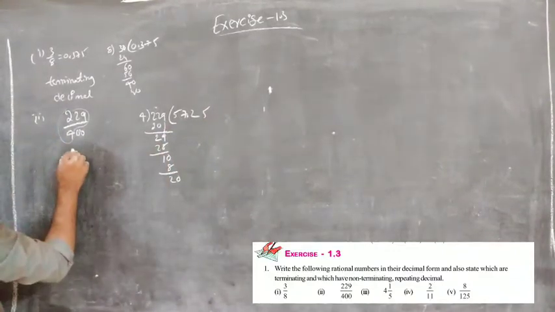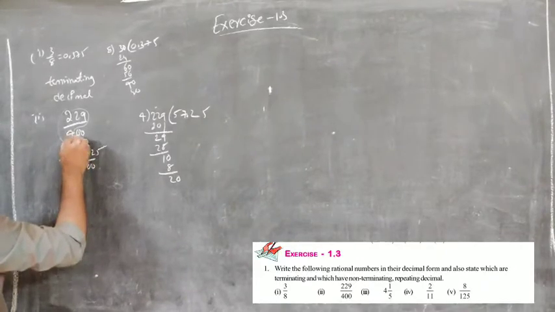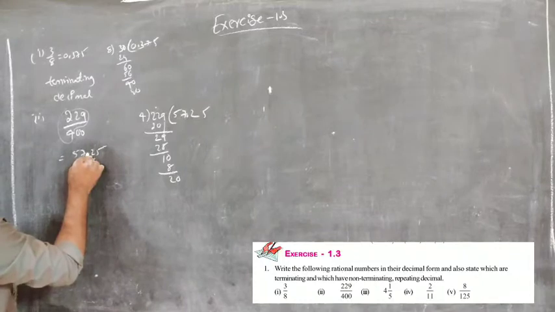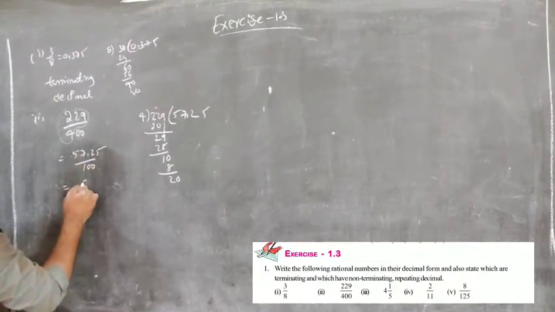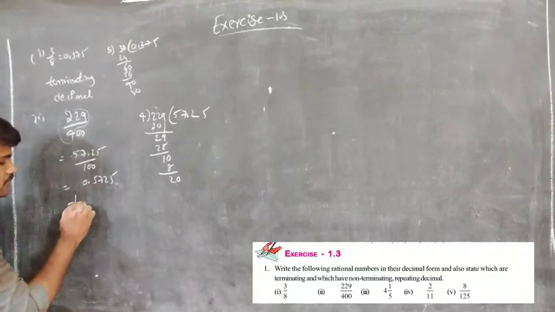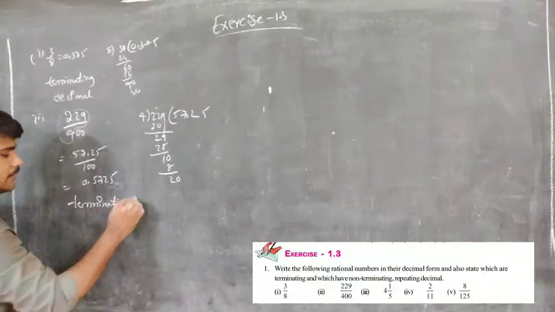So equal to 57.25 by 100. The decimal is moved to the left side 2 digits. So 0.5725. This is also a terminating decimal.